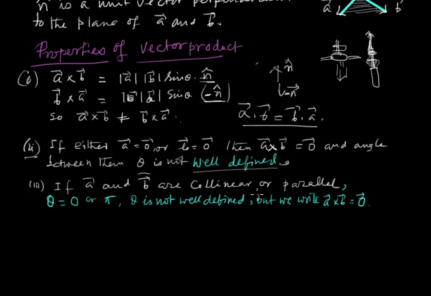If A and B are collinear or parallel, then theta is either 0 degree or 180 degree. In that case also, theta is not well defined, but we write A cross B is equal to 0.